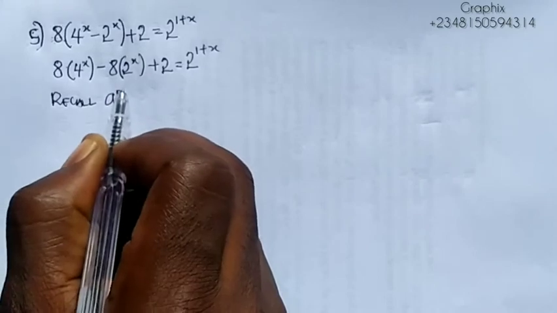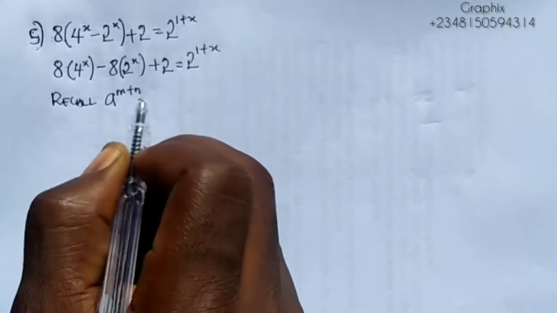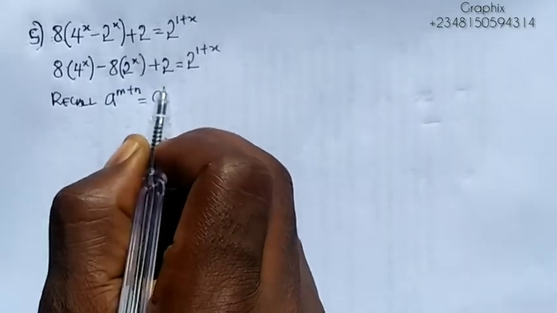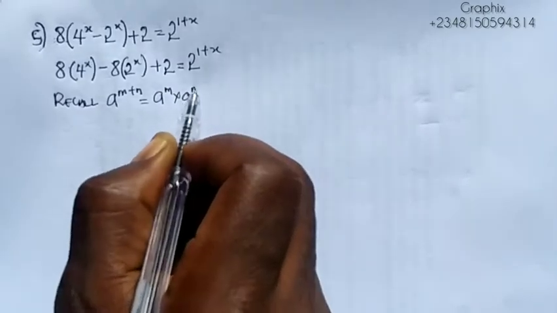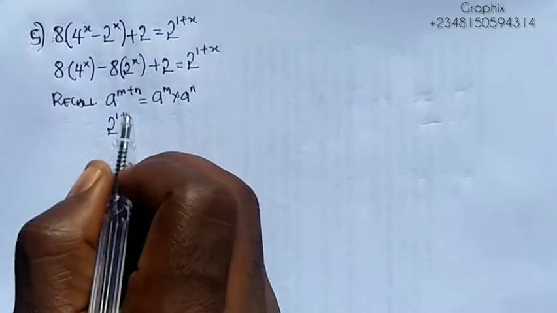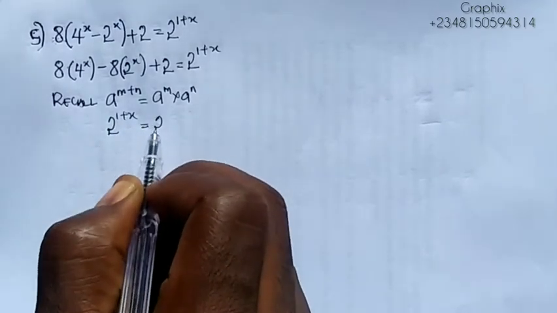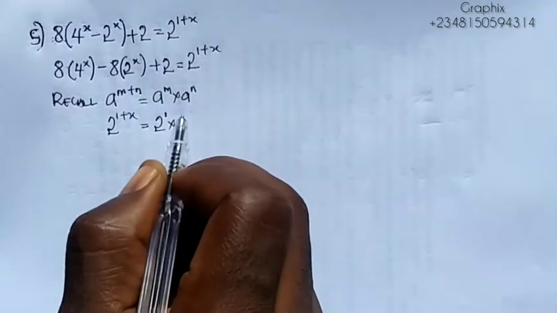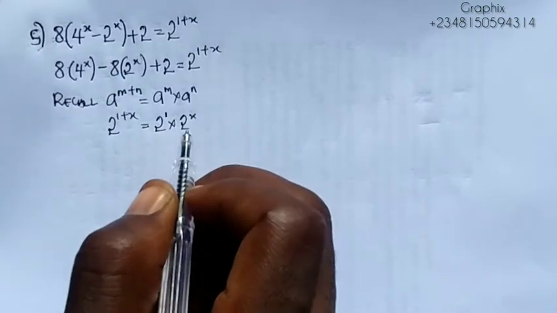Now you can move further by saying, recall, a raised to the power m plus n is equal to a raised to the power m times a raised to the power n. So 2 to the power of 1 plus x will give me 2 to the power of 1 times 2 to the power of x.